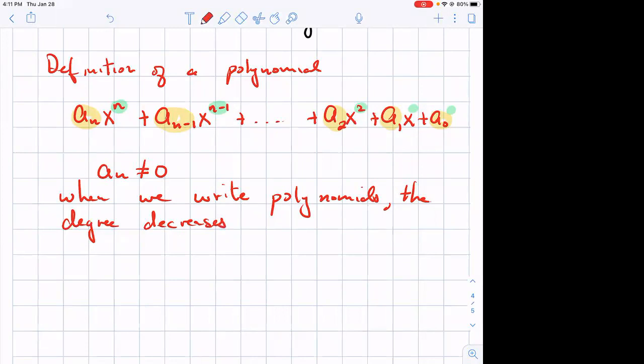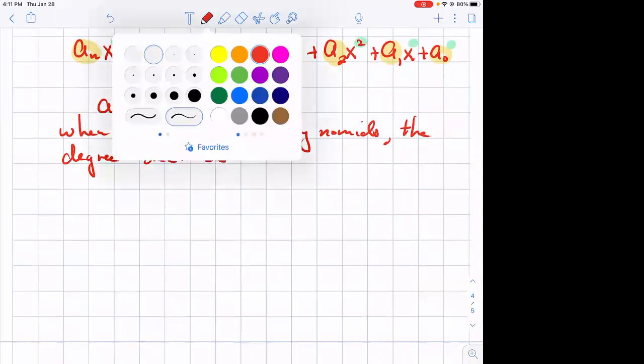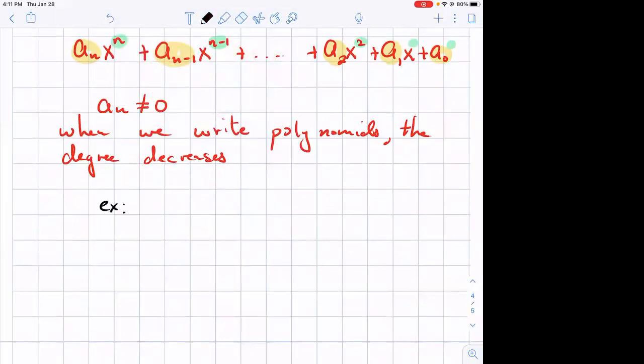Okay, the power decreases, meaning, for example, we write a polynomial as 5x to the fourth plus 2x squared plus 3x minus 1.